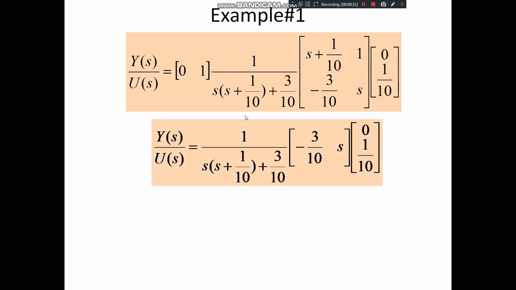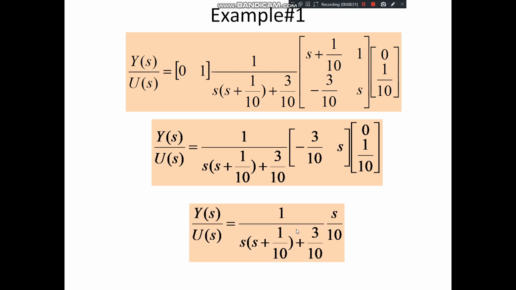The matrix [0 1] is multiplied by this matrix, so we obtain only the second row, as the first term is 0. It is −3/10 and s. Then I'll multiply this with the last matrix, so I obtain 3/10 into 0 and s divided by 10, so this total term is multiplied by s/10.